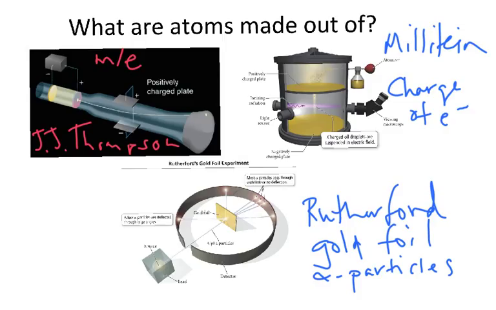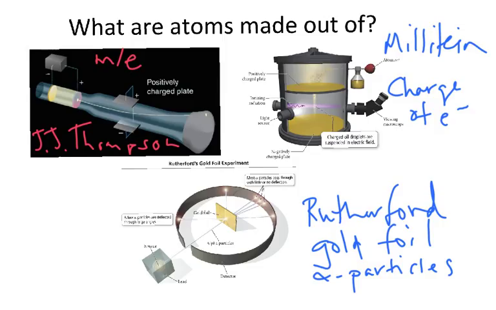And so what he did was he shot the alpha particles through a really thin gold foil. Most of the particles passed through the foil without deflection, although a few particles did deflect.